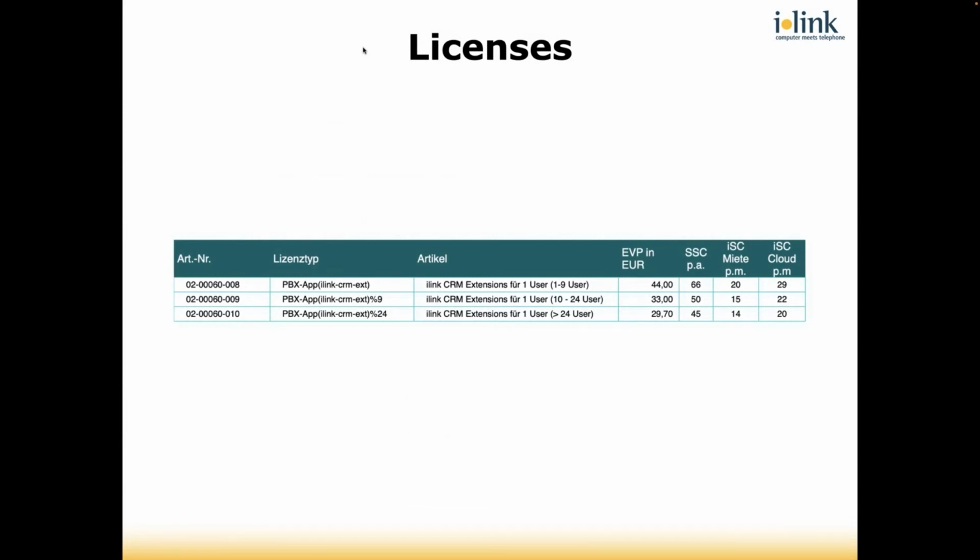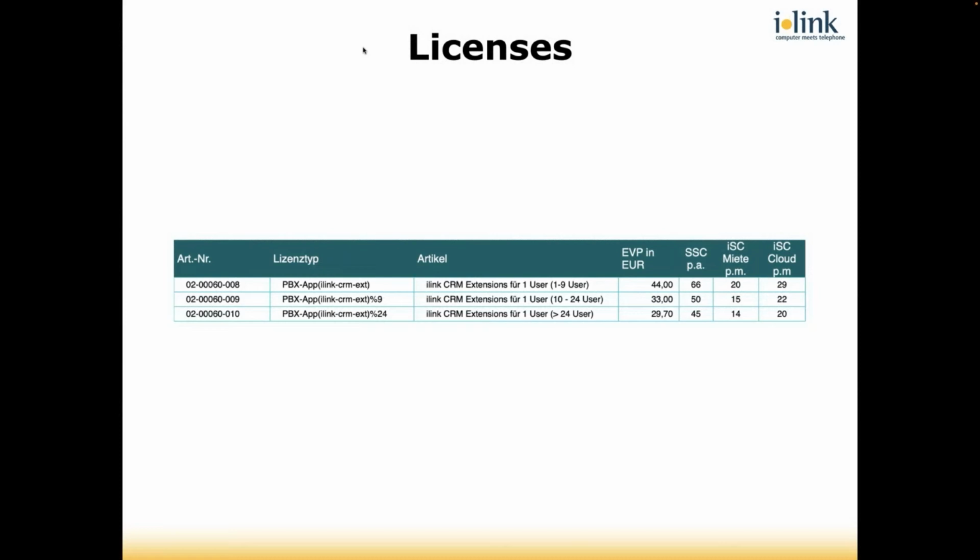Here are the licenses from the innovaphone perspective. You buy this through your normal channels with innovaphone. There are 3 part numbers existing, which you see here. We have a model for 1 to 10 users, from 10 to 25 users, and above 25 users.